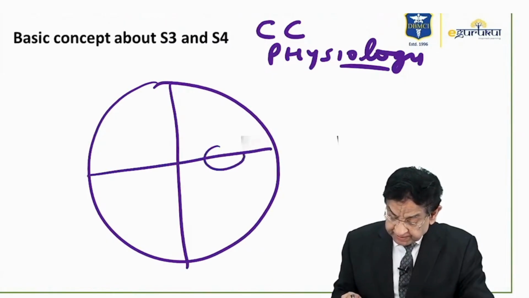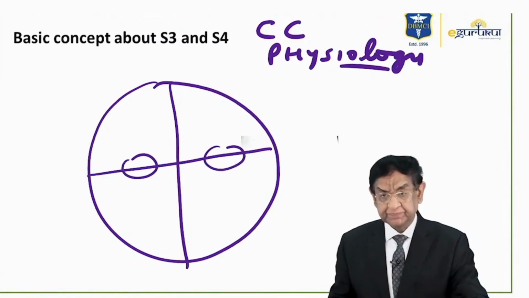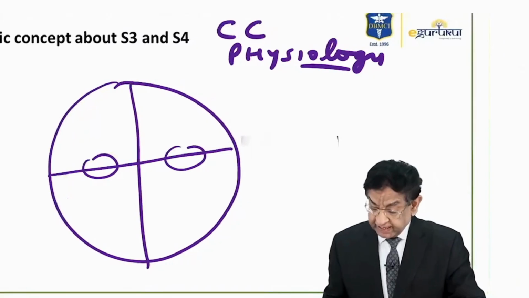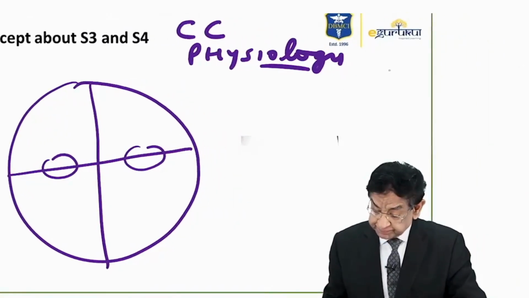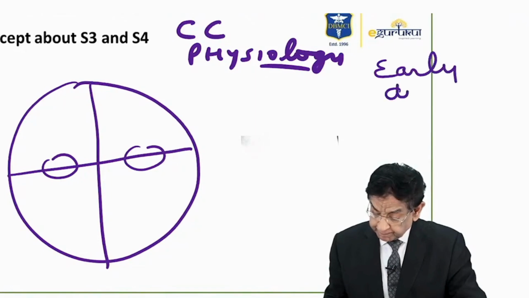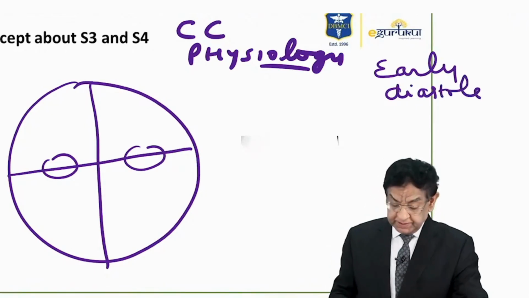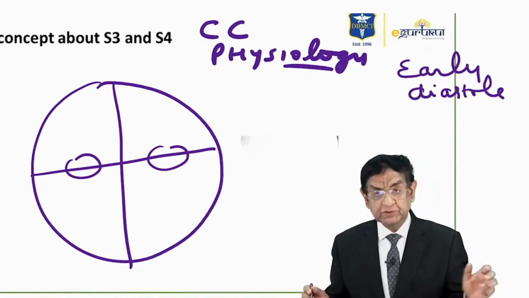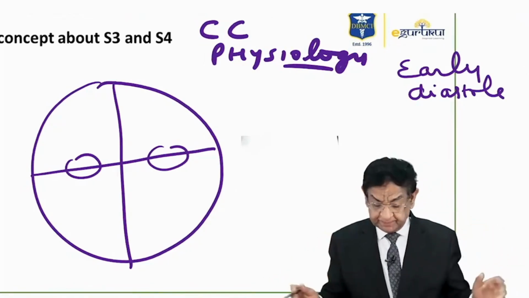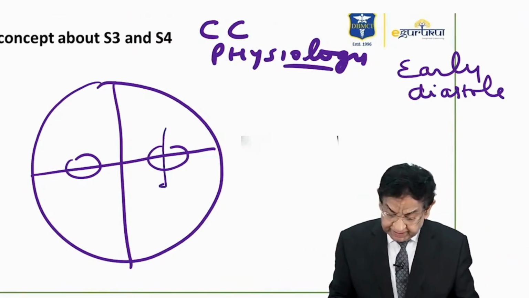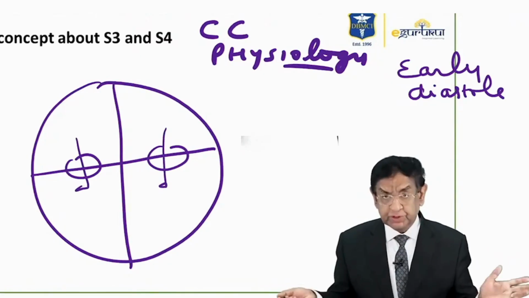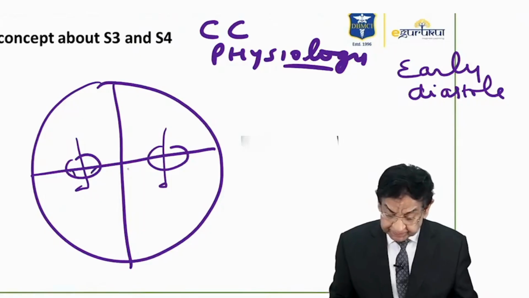Okay, this is the mitral valve, tricuspid valve. When early diastole occurs, there occurs diastole, meaning the ventricles are dilating, and immediately, of course no need to say, this valve will open.